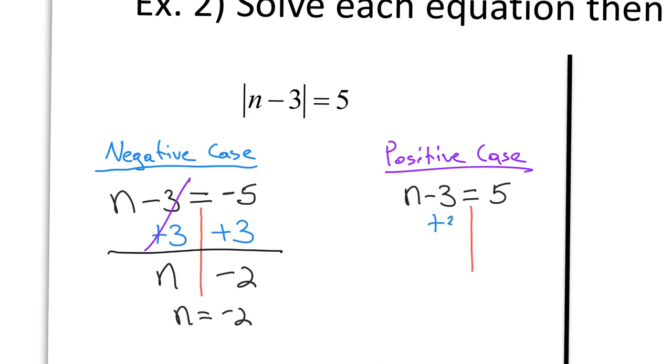I'm going to add 3 to both sides, which is the opposite of the constant. A minus opposite is plus. I'm going to cancel those 3's right there. And when I cancel, I'm going to get n on one side and 8 on the other side. So n equals positive 8.